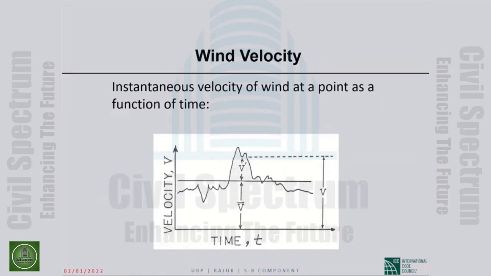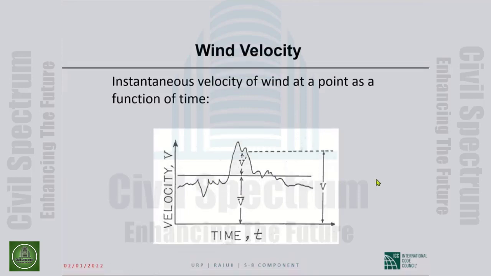Okay. The concept of average wind velocity, averaging time, let's look at that in just a little bit of detail. So instantaneous velocity of wind at a point as a function of time looks like this. Okay. As I said, it is not constant from one instant to the next, it changes. So we have to use some kind of an average in design.